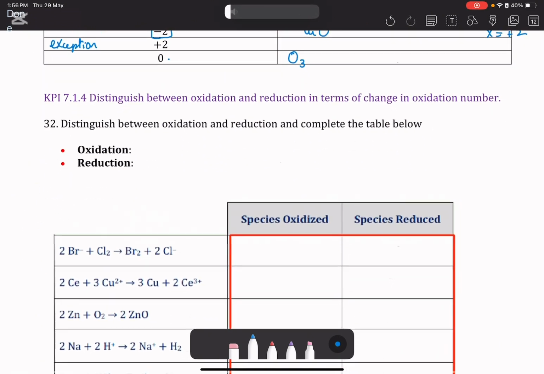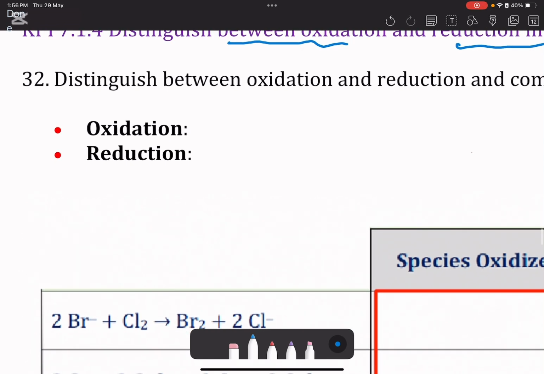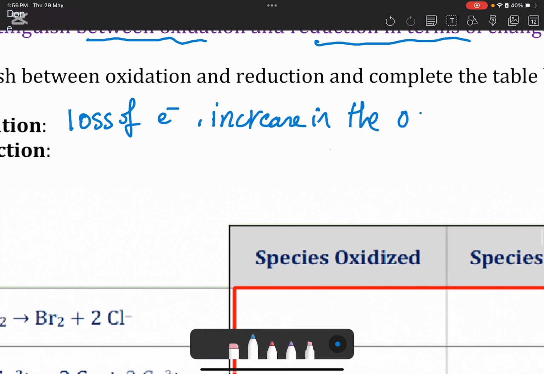Now, moving on, distinguishing between oxidation and reduction. Again, you can check my channel and watch the video about oxidation and reduction. Oxidation is the loss of electrons, or in other words, it's the increase in the oxidation number.